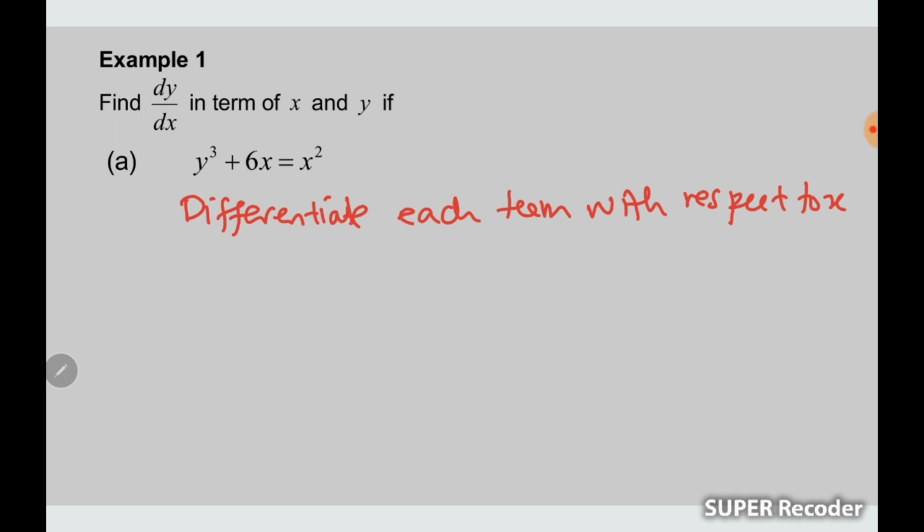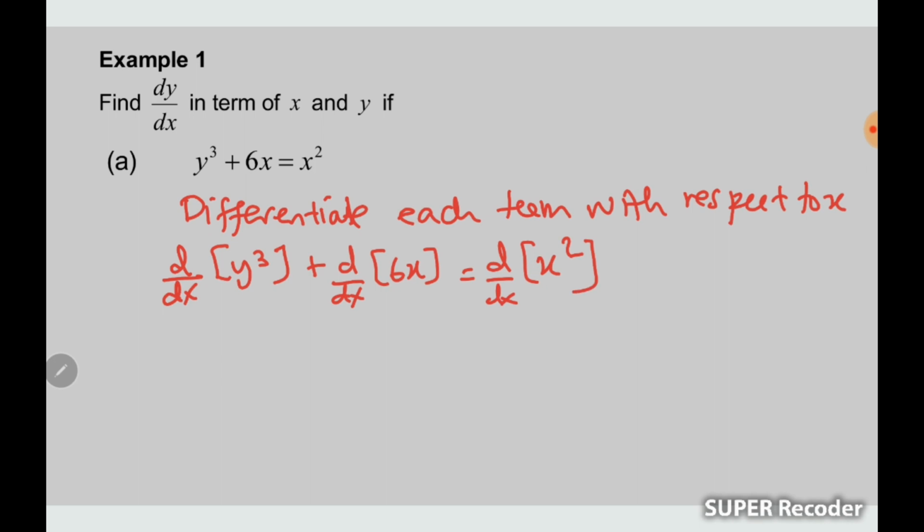So you will get differentiate y cubed, differentiate 6x, differentiate x squared. Each term you have to differentiate with respect to x. So you will get 3y squared, then you have to differentiate y, dy/dx, plus differentiate 6x with respect to x, 6. Differentiate x squared with respect to x, 2x.